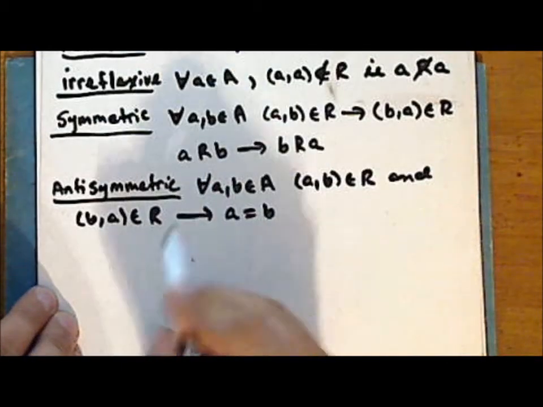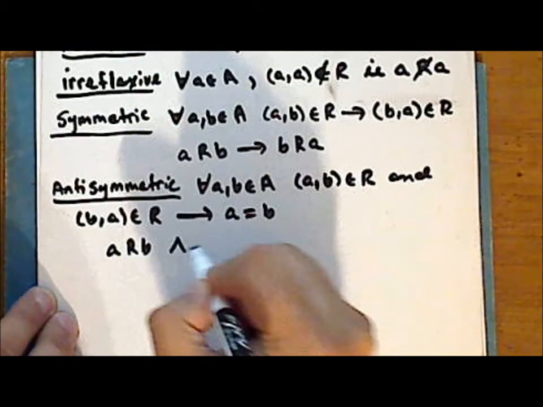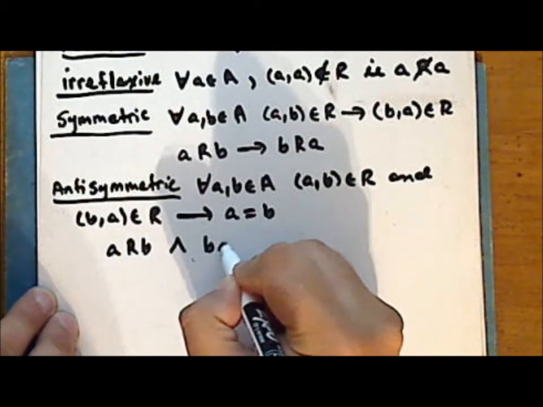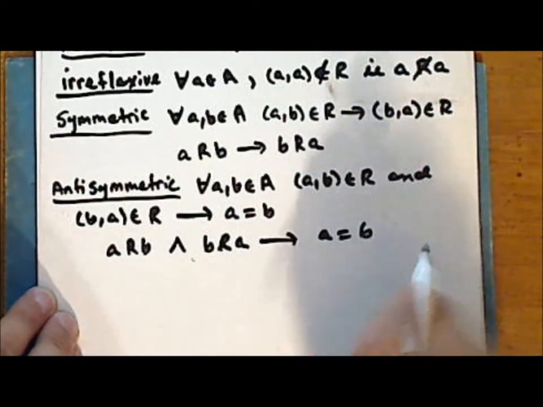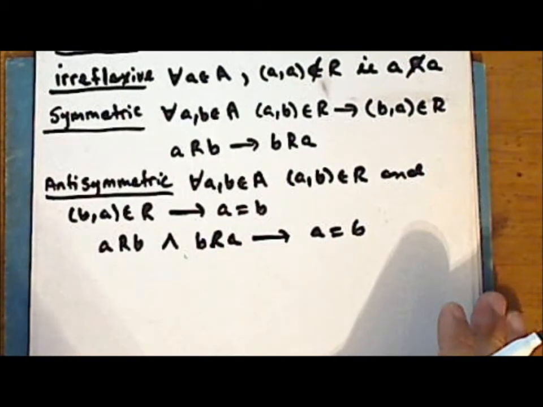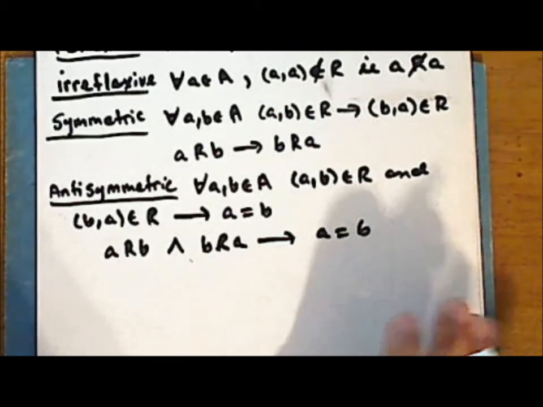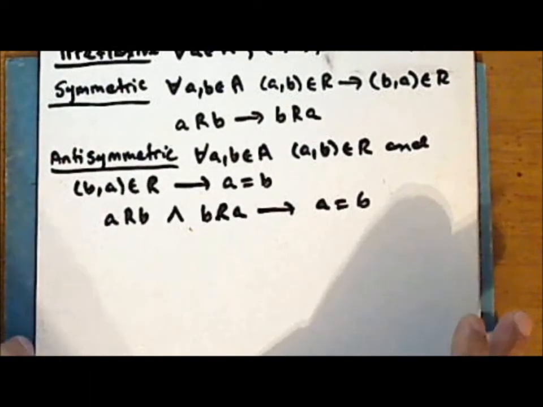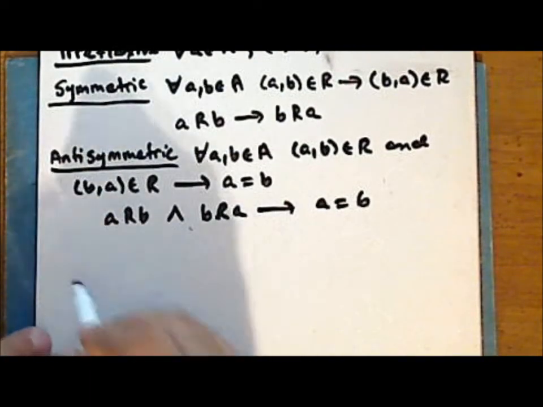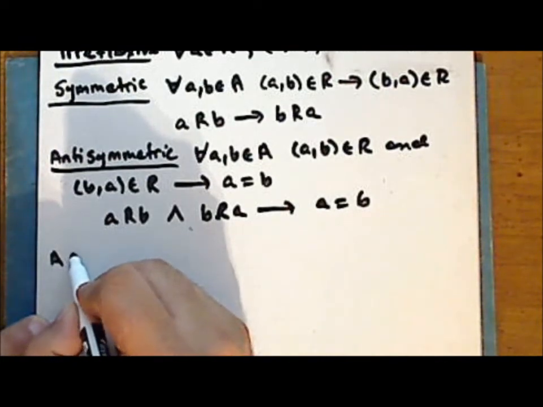So again, in relational notation, if a is related to b and b is related to a, then this implies that a is equal to b. Now notice that the antisymmetric property is not the true opposite of the symmetric property. So we'll look at what is the true opposite of the symmetric property, and that's called asymmetry, or the asymmetric property.